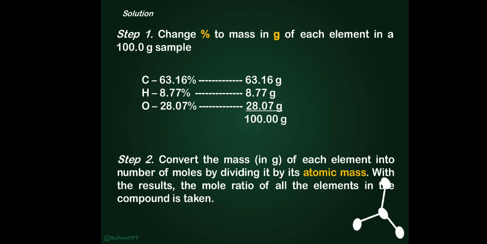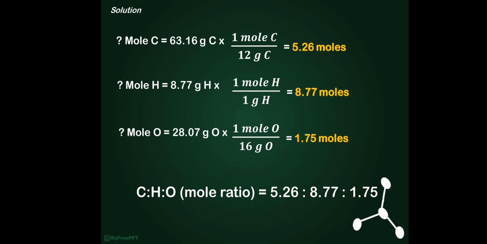Number 2, convert the mass in gram of each element into number of moles by dividing it by its atomic mass. With the result, the mole ratio of all elements in the compound is taken. So this would be the solution. So the percentage of mole of carbon is equals to 63.16 gram. Ma'am, saan nakuha si 63.16 gram?